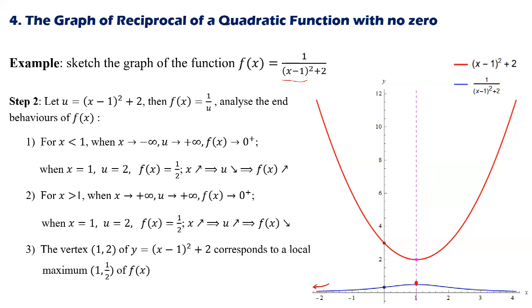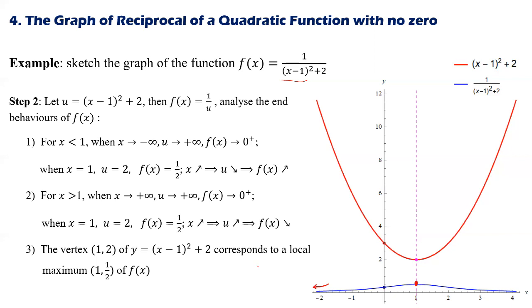So basically, it will have a shape like this, right? And by using a similar technique, we can analyze that on the right branch, the function is decreasing from the local optimum here all the way down to approaching 0 from the positive side, right? So basically, the reciprocal of this quadratic function will have a shape shown in the blue curve here, right?